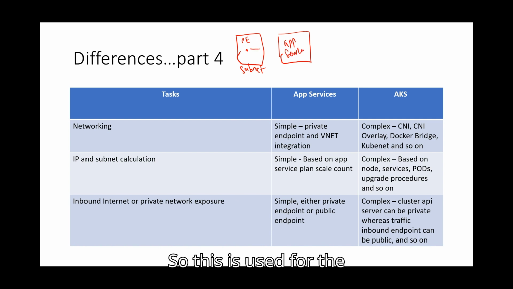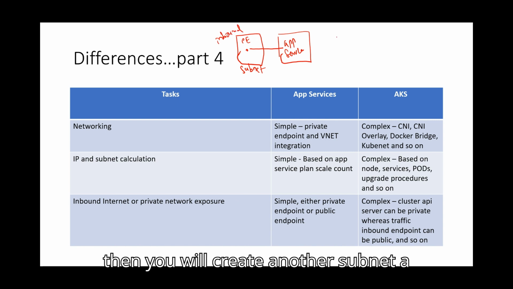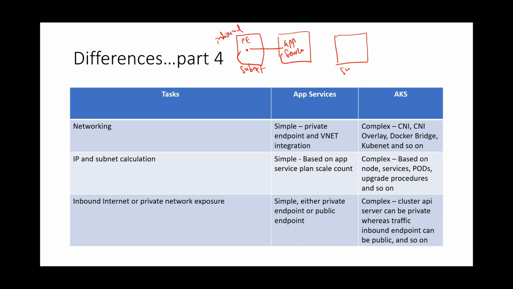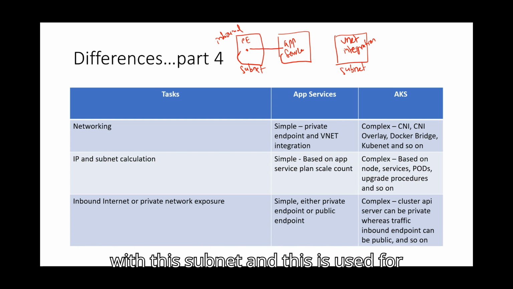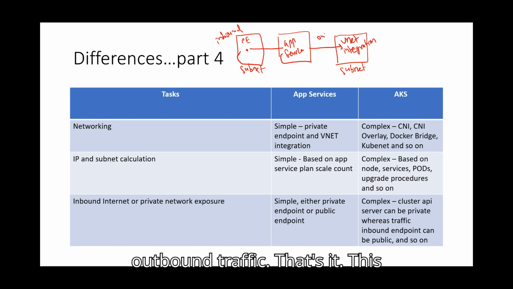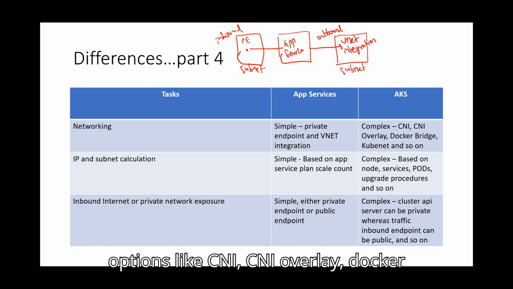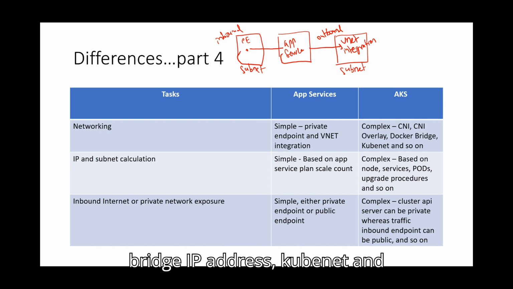So this is used for the inbound traffic, and then you will create another subnet and you will configure the VNet service integration, VNet integration with this subnet, and this is used for outbound traffic. That's it. This is the simple configuration of app services in terms of the VNet. Now for AKS, there are many options like CNI overlay, Docker bridge IP address, KubeNet, and so on.